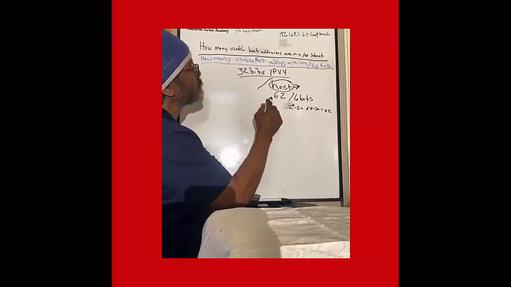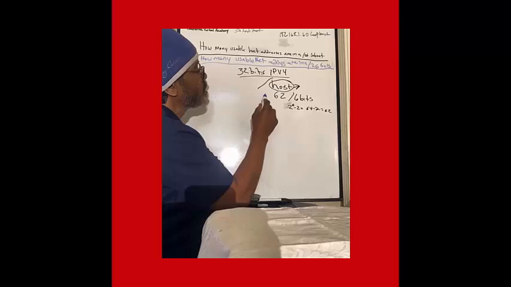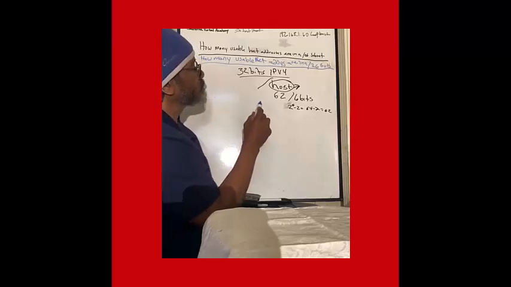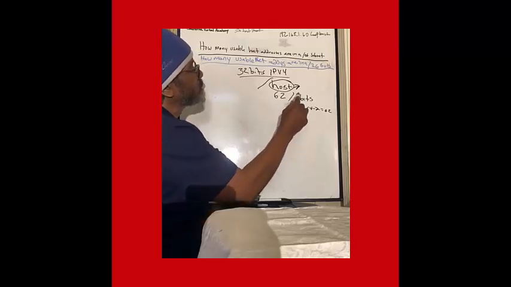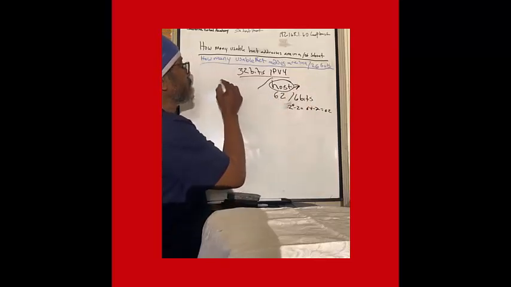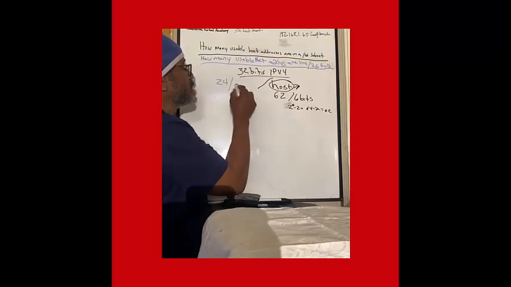So if these bits are divided by 8 in each range, that means that this range here, 26, is going to be like 24 plus 6 is 30 plus 2.